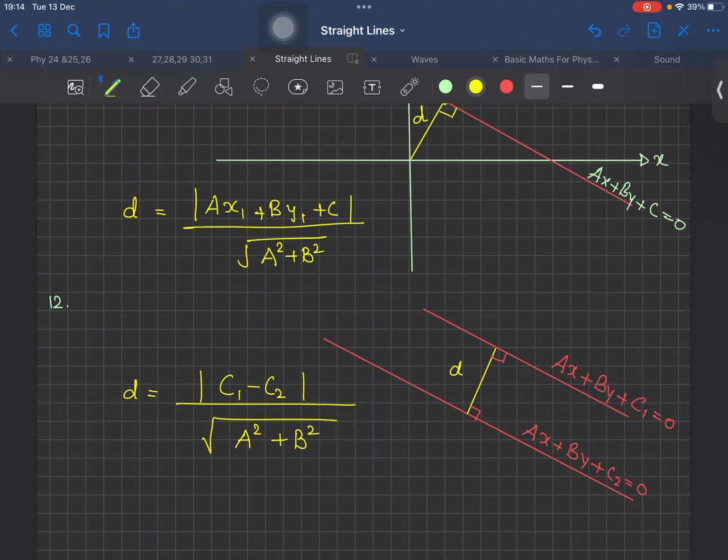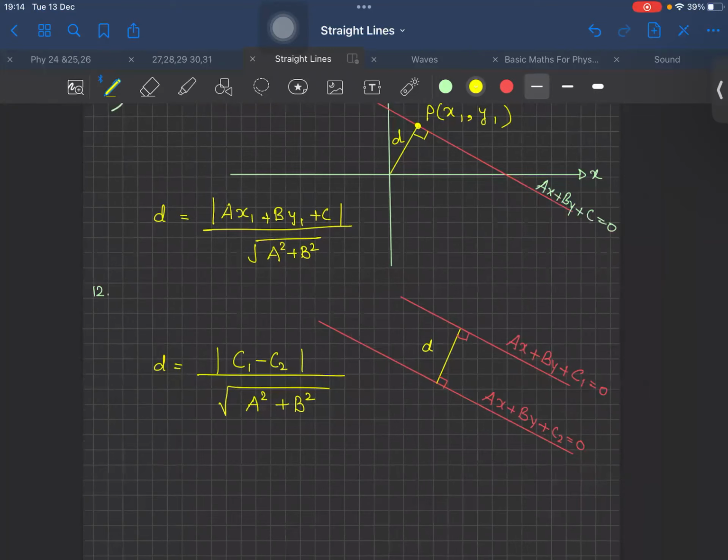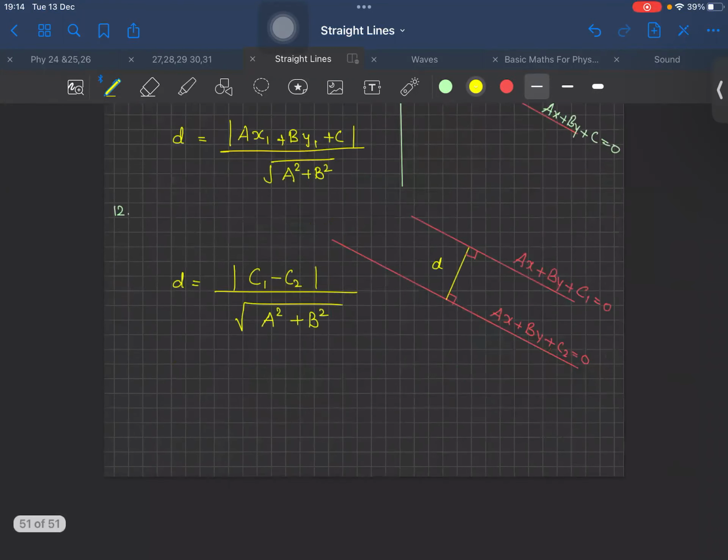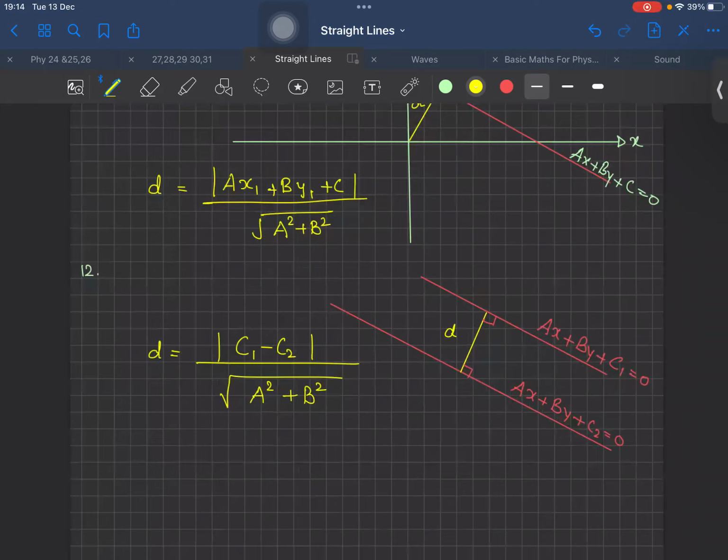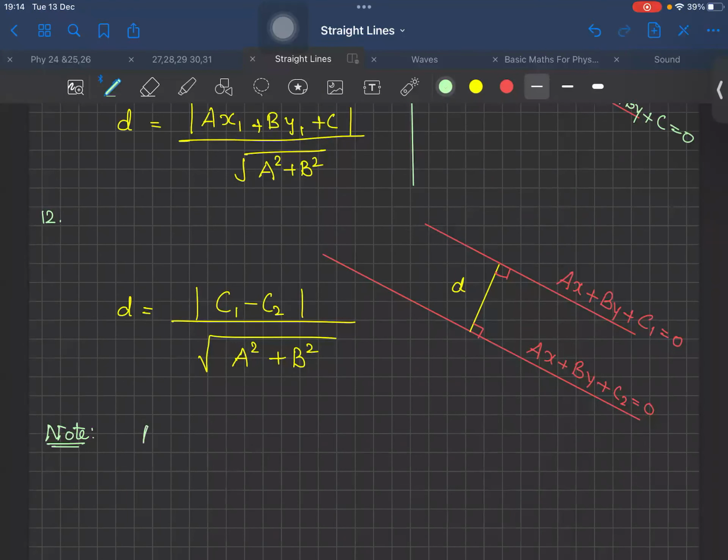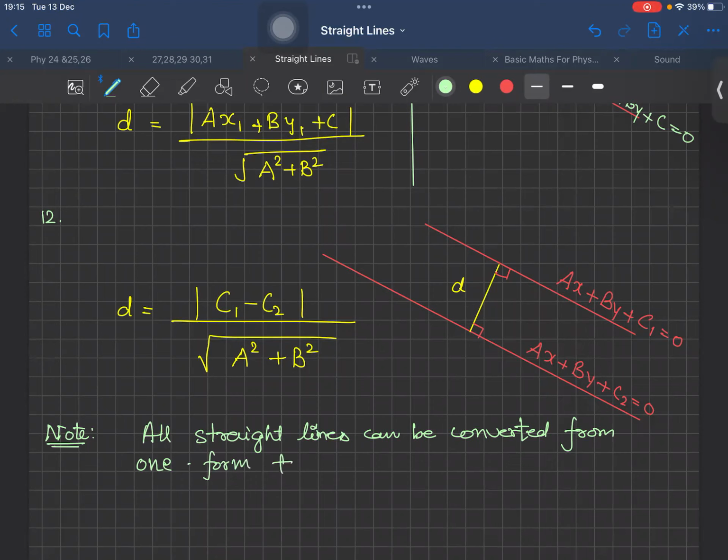See, all lines, let me write a statement. All straight lines can be converted from one form to another.